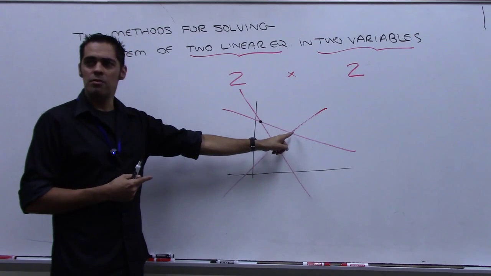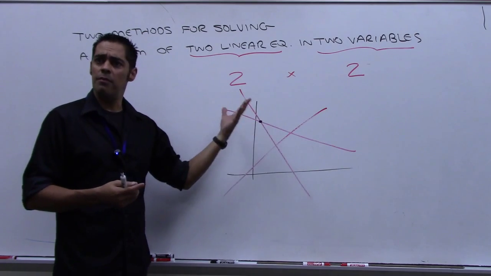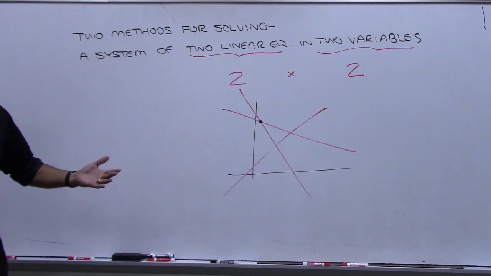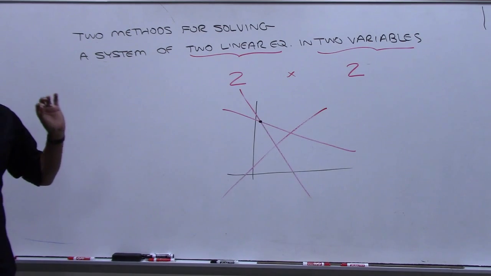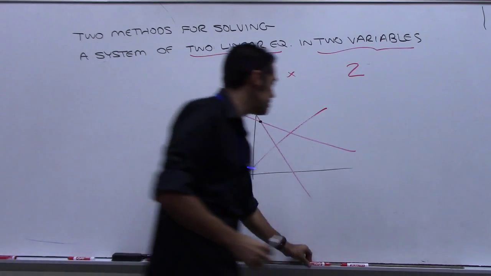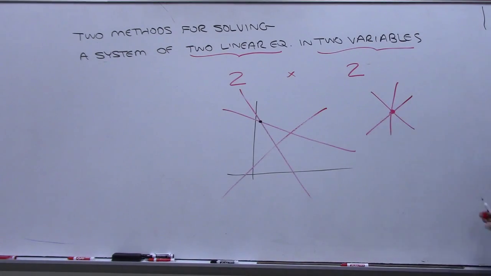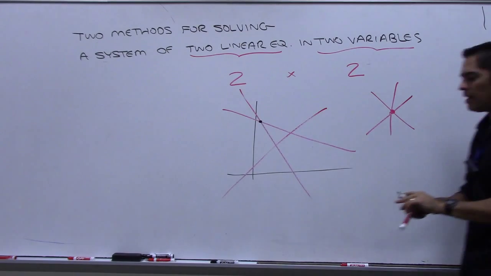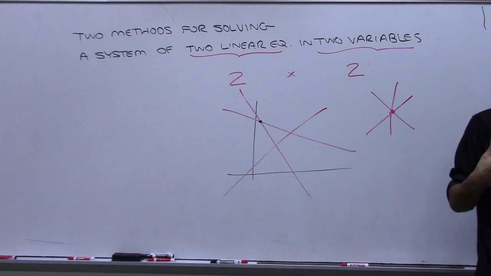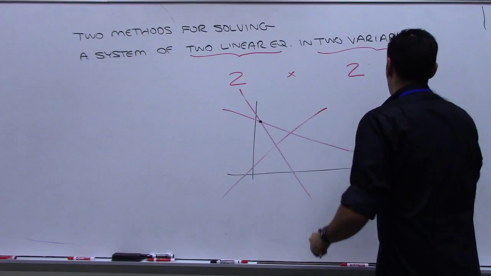This one makes just those 2 true, not this one. This makes these 2 true, but not that one. So for this particular situation, you would have no solution. There's no point that all 3 lines hit at the same time. You would have to have something like this in order to get that to happen. That would give you a solution. That's too complicated. I'm just getting you to think about how changing that to a 3 changes what you're looking at. Okay, so there are 2 methods for solving these.